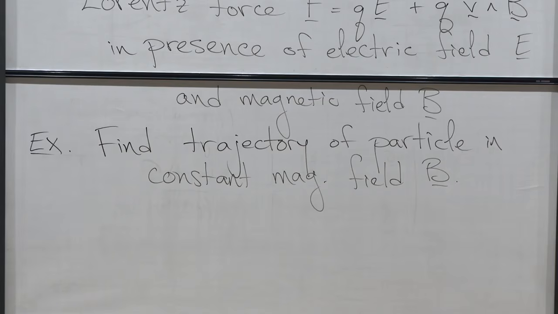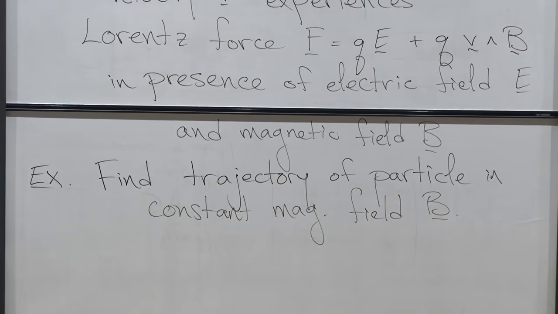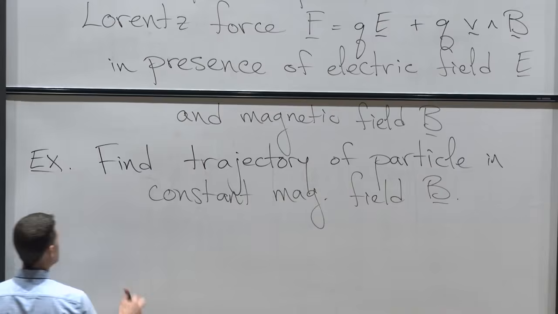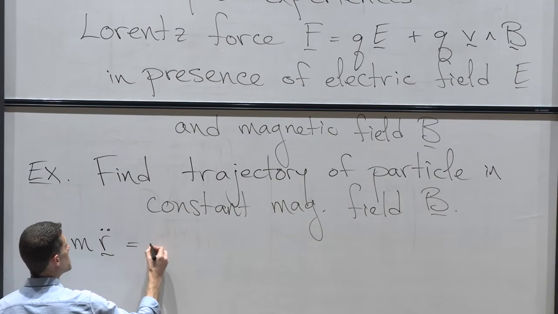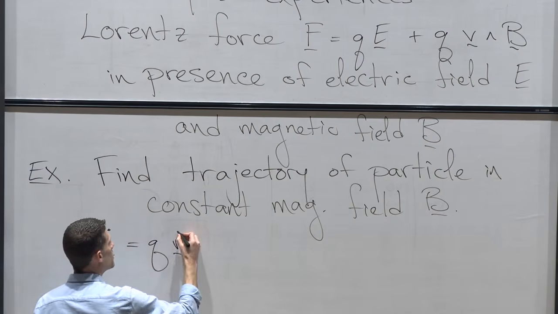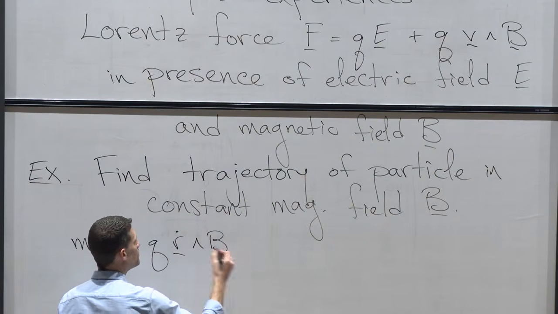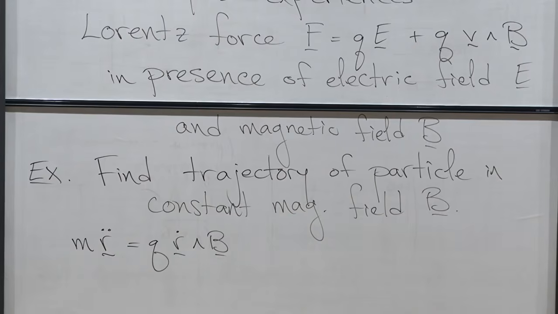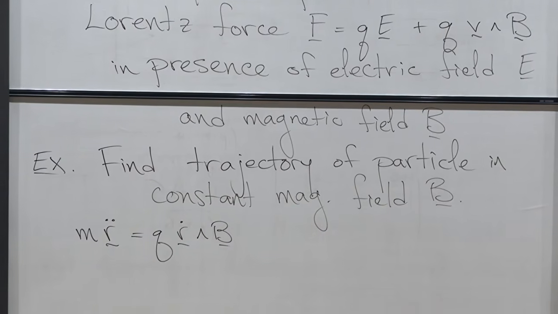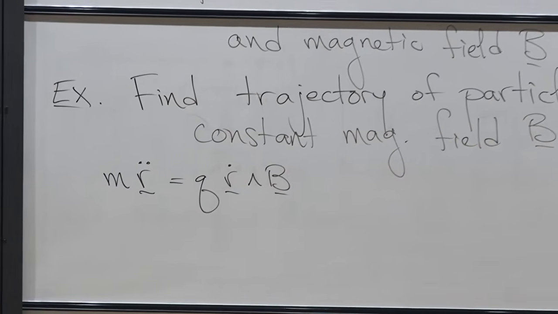So I have my F is q v cross B, which is q r dot cross B. And to get things to work nicely, we're going to play one of these without loss of generality tricks. B is constant and arbitrary.